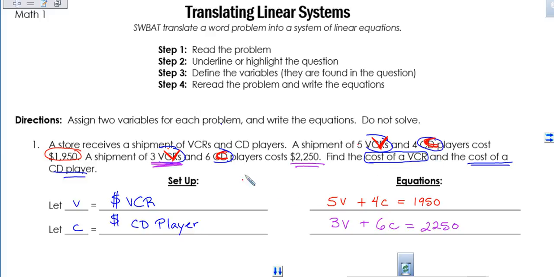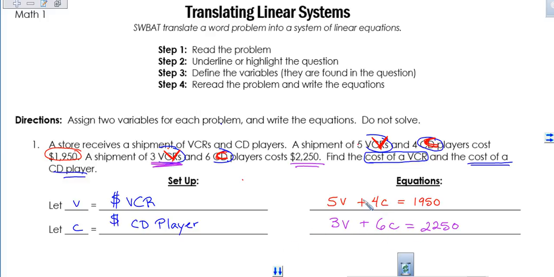If you take your time, figure out what the two objects are, define them using variables, and then substitute the variables for the words, you'll see that the equation should flow right out of it for most systems of equations word problems.